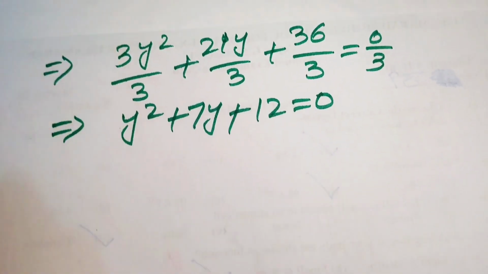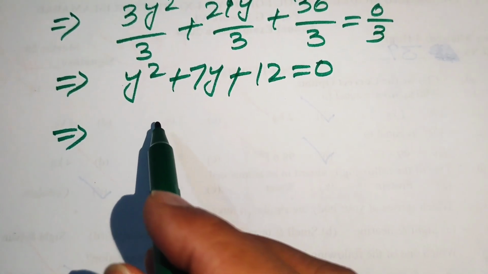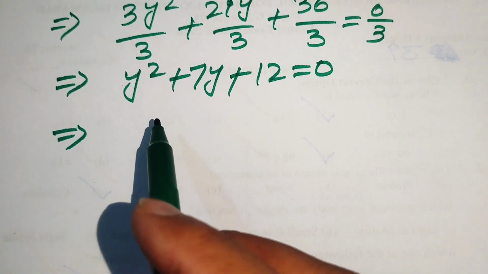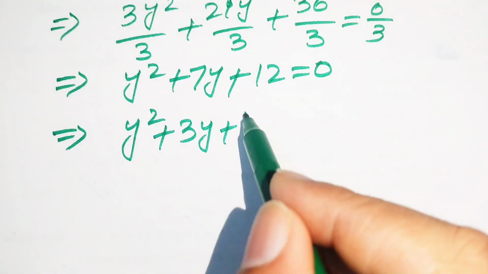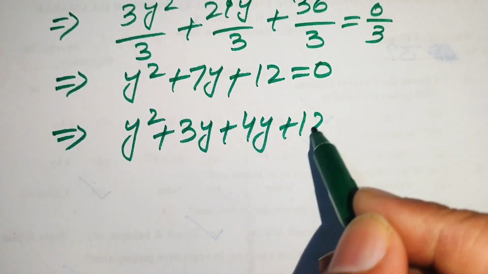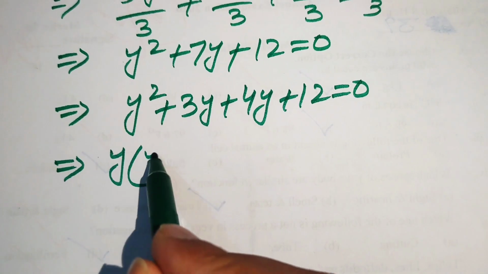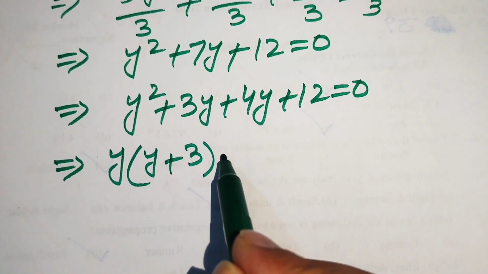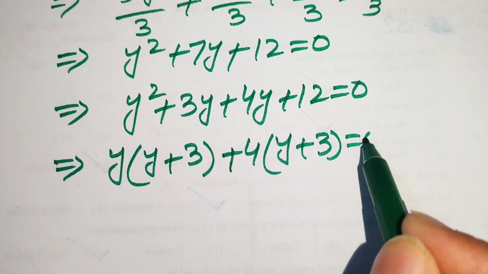Now we easily make the factors of this equation, and here we again break the middle term. When you break the middle term, it is written as y square plus 3y plus 4y plus 12 equals to 0. Now again we take common y from the first two terms and we get y plus 3, and here we take common 4 and we get y plus 3 equals to 0.